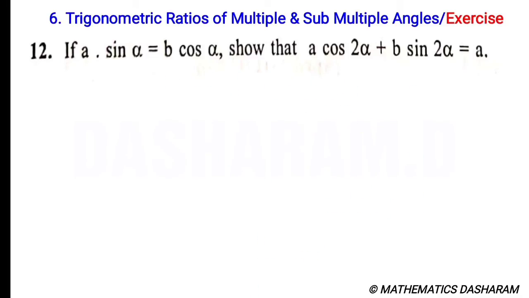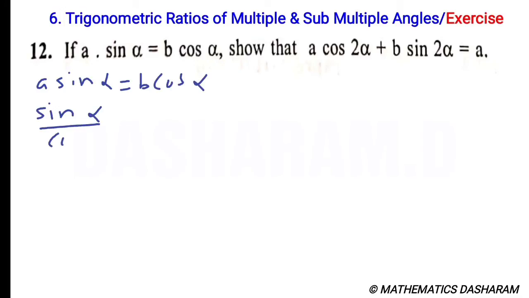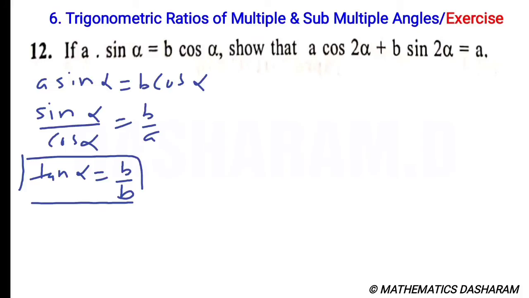So from the given value, a sin alpha equals b cos alpha. From this, sin alpha by cos alpha equals b by a. Sin alpha by cos alpha is tan alpha, equal to b by a. So substitute this value in the formula. So it is b by a.